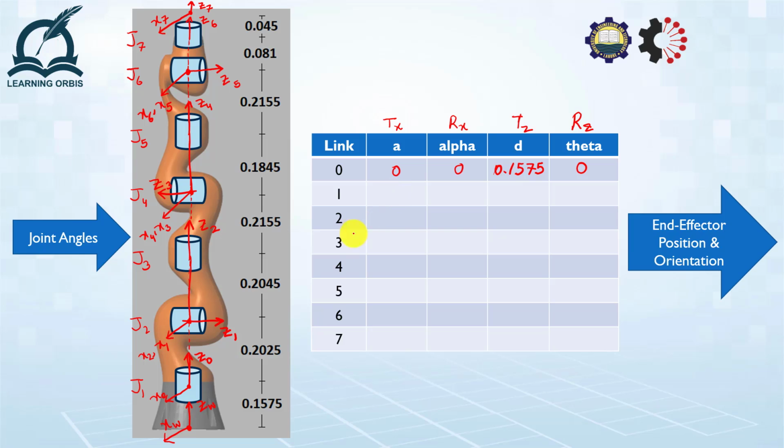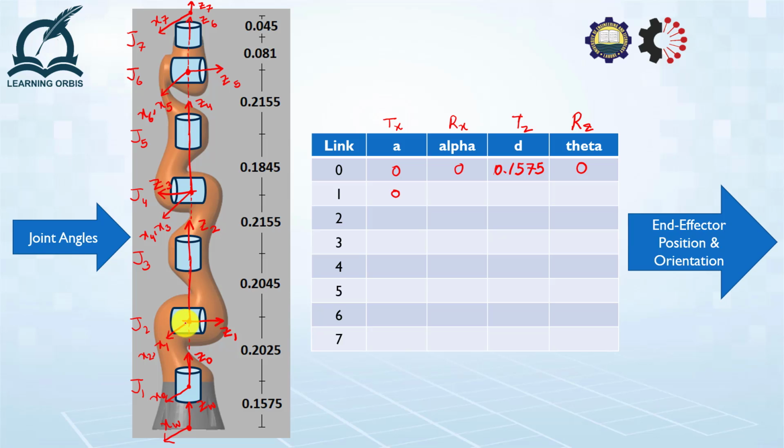Now for the second row, we need to move from frame number 0 to frame number 1. Do we need movement in the x-axis? Of course not, because we are not coming out of the plane of this video. Do we need any rotation about the x-axis? Yes, because over here, z0 is pointing upwards, whereas z1 is pointing towards the right.